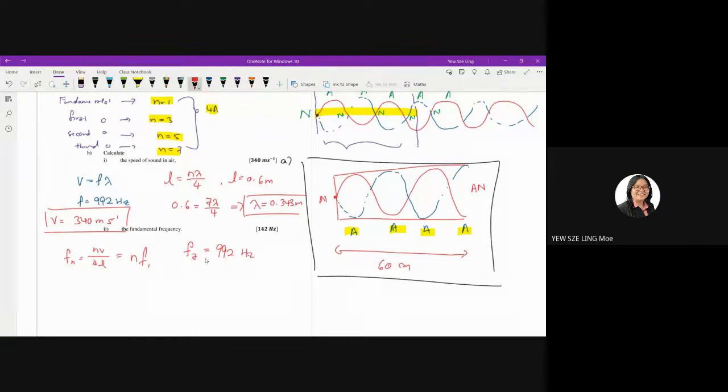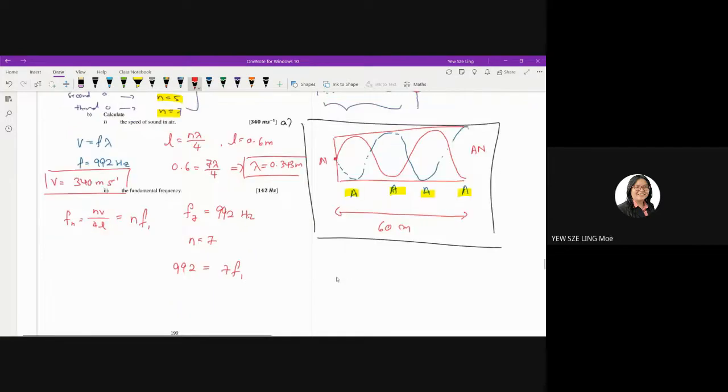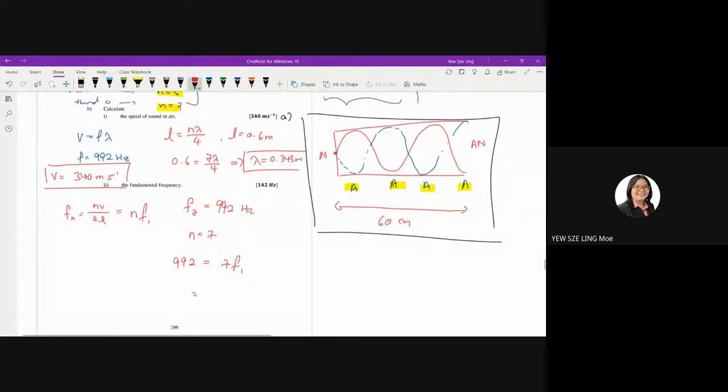Since it's the 7th harmonic, n equals 7, so 992 equals 7 f1. Rearranging, f1 equals 142 Hertz.